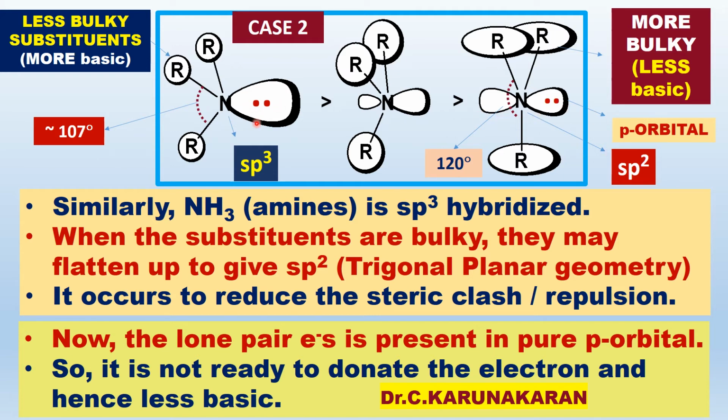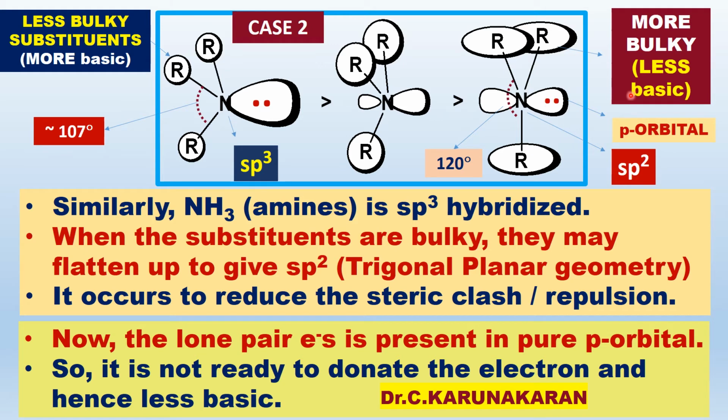In sp3 hybridized nitrogen, the lone pair is present in an sp3 hybrid orbital, whereas in bulky substituted amines, the lone pair is present in a pure p orbital. Therefore it is reluctant to donate the electron.